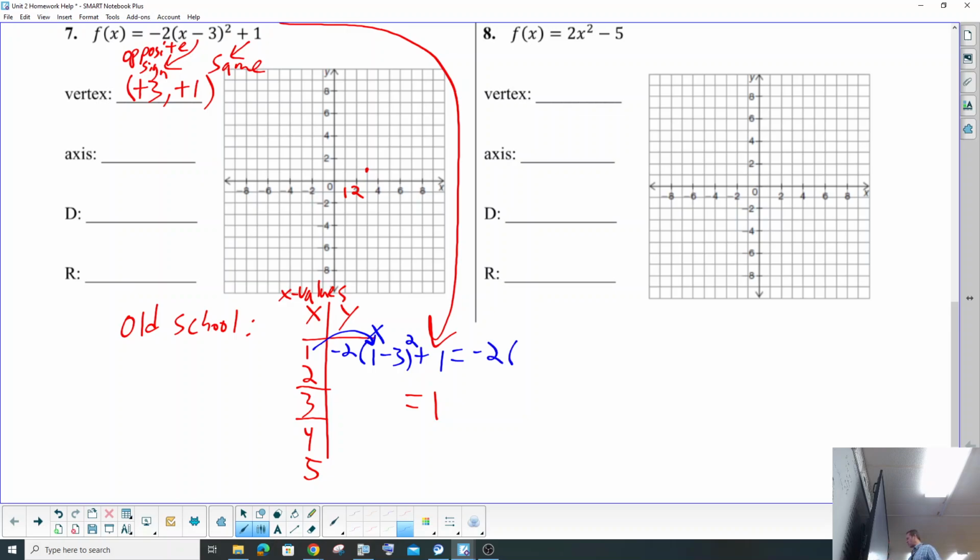So we get -2 times (-2) all squared, plus 1. -2 squared is +4. Times the -2 over here gives -8. And -8 plus 1 is -7. So we get -7 for our y value. So (1, -7) is a coordinate.